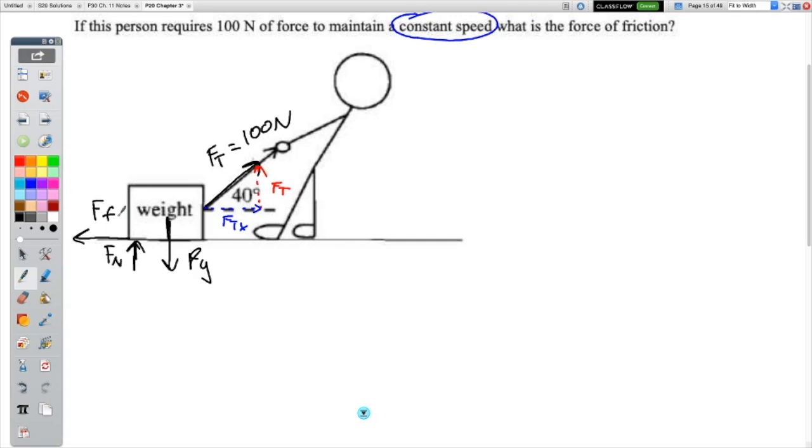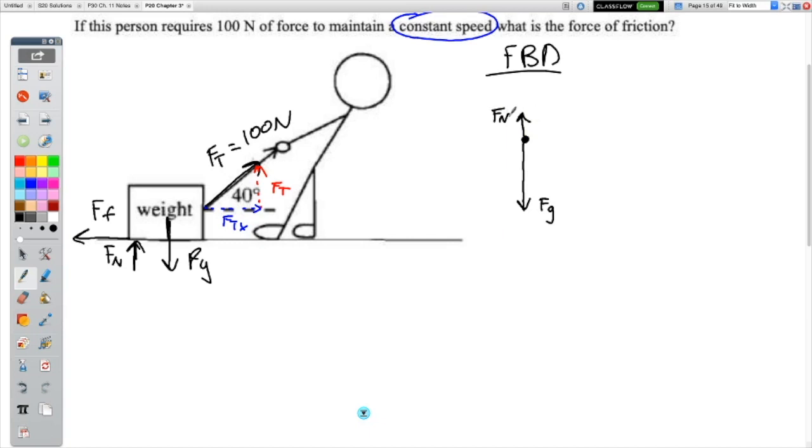Okay, that's a bit of a jumbled mess, so let's put it a little bit more simply on our free body diagram. We have the force of gravity straight down. We have the normal force up, but again, it's not as big as the entire force of gravity because it doesn't need to be. Why doesn't it need to be?